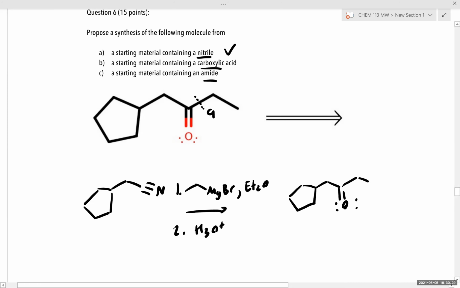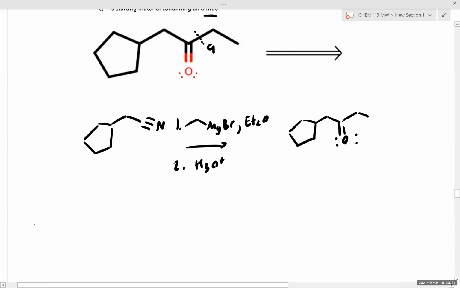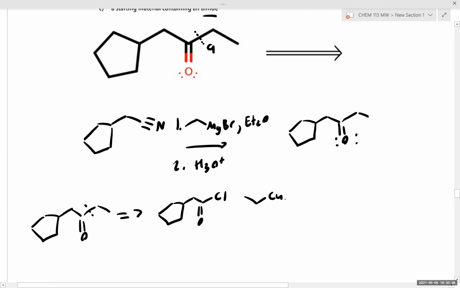What about a carboxylic acid? So we can trace back, and let's think about this for a moment. We can break this bond and trace back this ketone to an anhydride and an organocuprate. And of course, we can prepare this acyl chloride from the corresponding carboxylic acid.